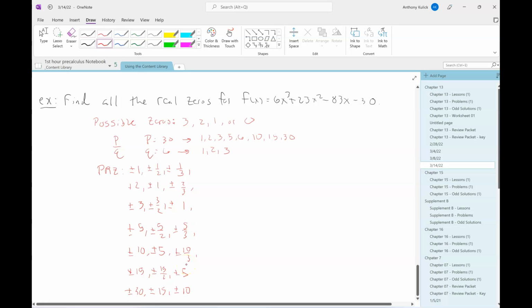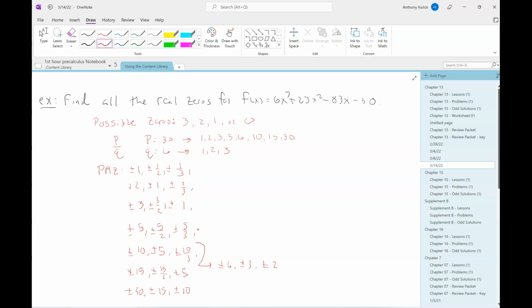Isn't there also a 6? Did I forget to do the 6s? I did, huh? So we have 6 over 1, 6 over 2, which is just 3, and then 6 over 3, which is just 2. So many to check.